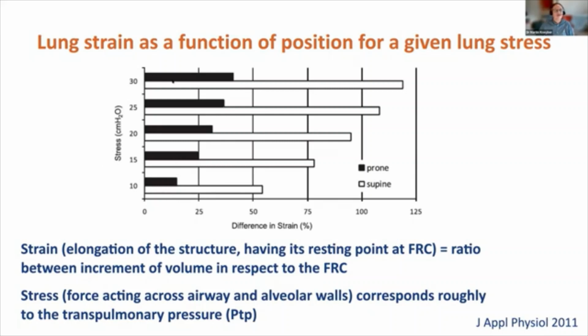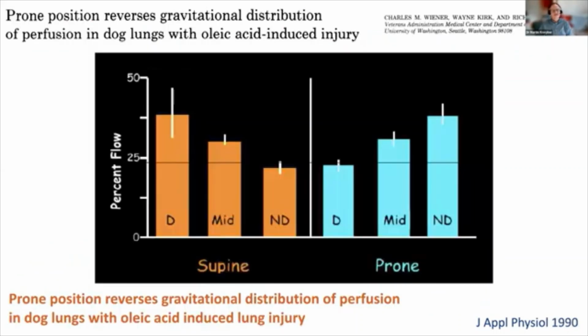So let's say even if you have a large transpulmonary pressure of 30 centimeters of water, the strain is significantly lower in the prone position compared with the supine position. And this effect stays the same if you would decrease the lung stress. So from a physiologic perspective, there are lots of suggestions that prone positioning should be implemented in your routine care.